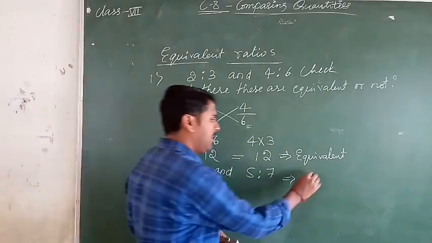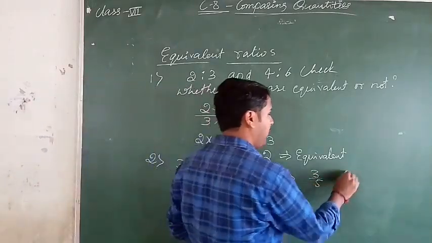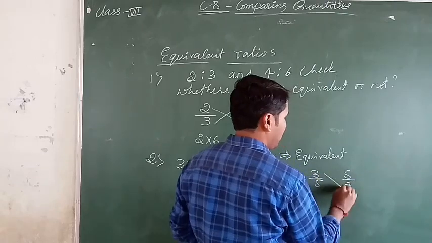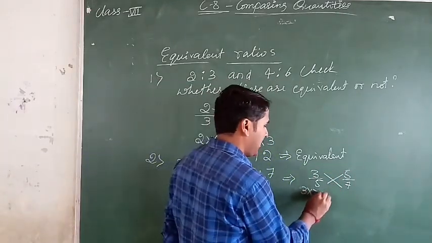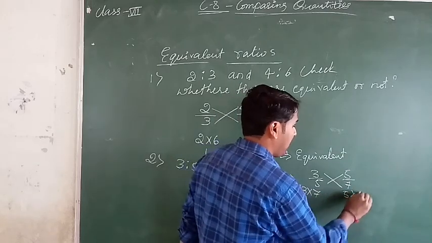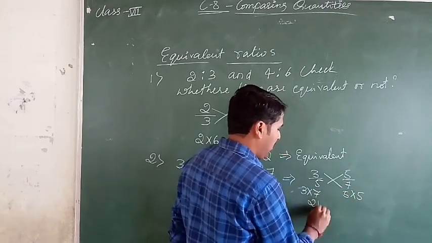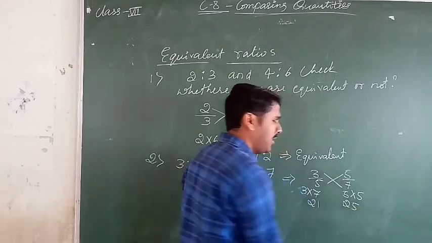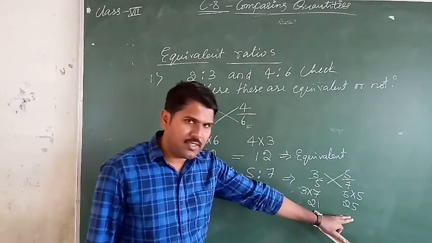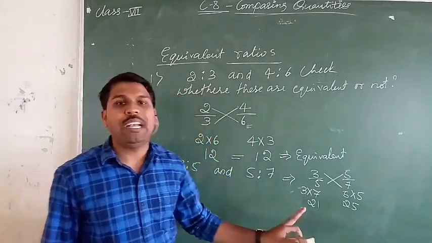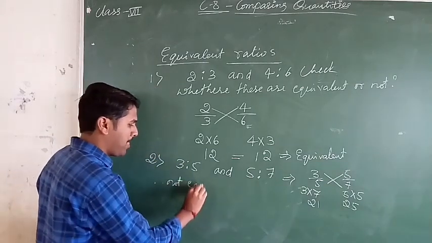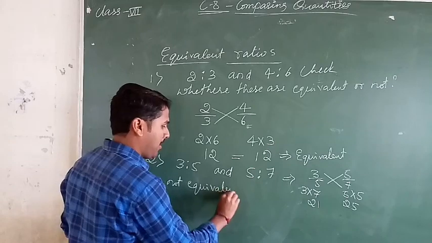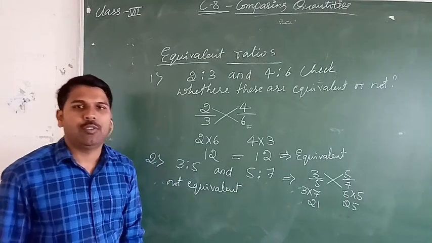Just cross multiply. 3 into 7, and 5 into 5. 3 sevens are 21, and this one is 25. Both are different answers. That means these are not equivalent ratios. Therefore, not equal.